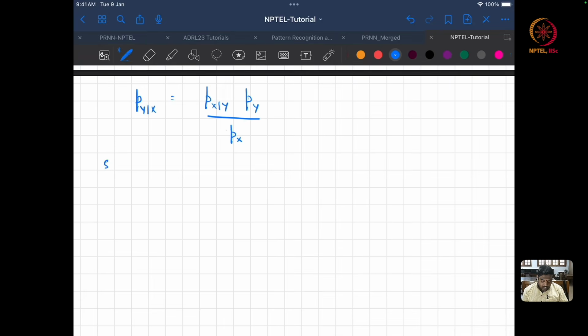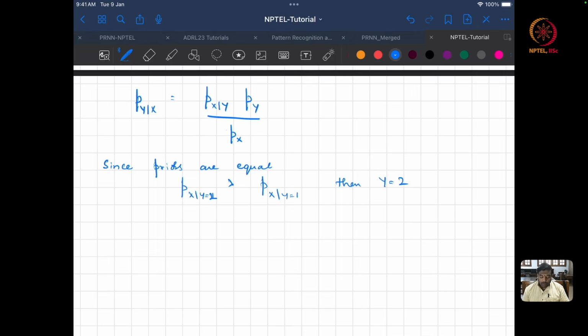Since priors are equal, if P of x given y equal to 2 is greater than P of x given y equal to 1, then you say y equal to 2. Okay, now this is your classifier.